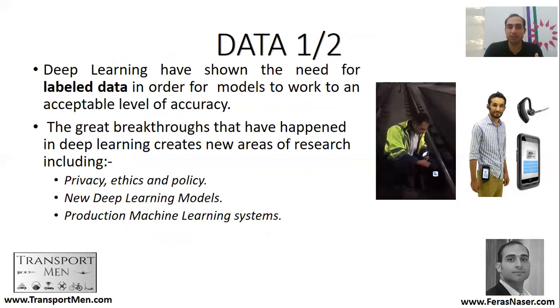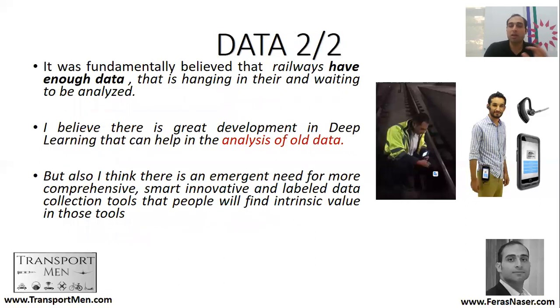And if we invest in deep learning and if we have the right labeled data, then we might have new areas of research emerging, including privacy, ethics, policy, new deep learning models, prediction learning systems, and more. So the old perception is that the railways already have enough data and they don't need more data.